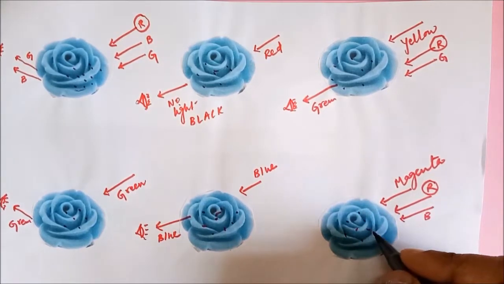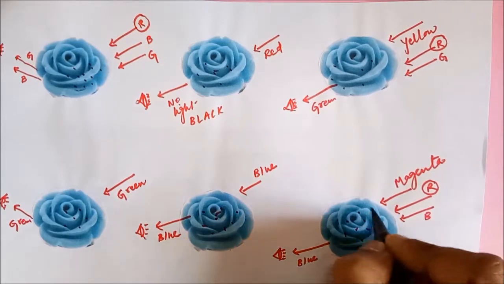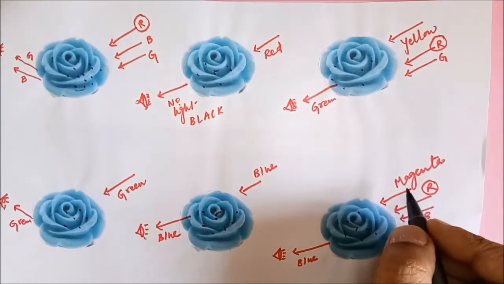So the red color gets absorbed and the blue color doesn't get absorbed, and hence it appears in the reflected light and finally reaches our eye. So we perceive the cyan rose as blue in magenta light.